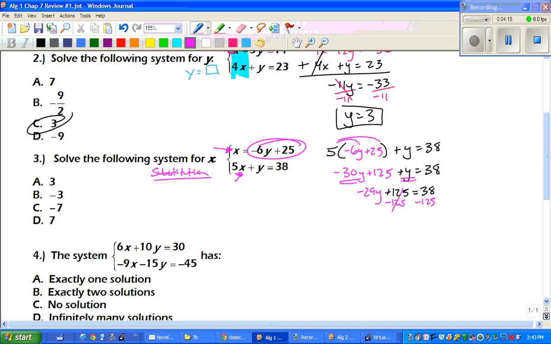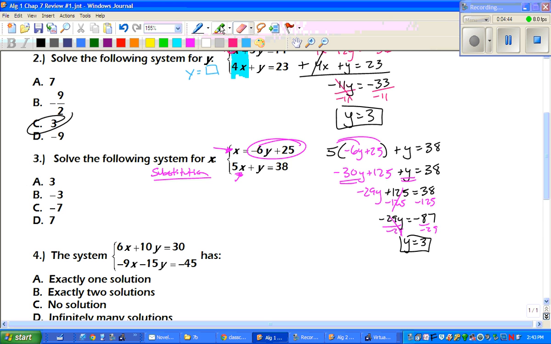Let's get the y by itself. Negative 29y equals negative 87. Divide by negative 29. y equals 3. Hey, look, there's my answer.